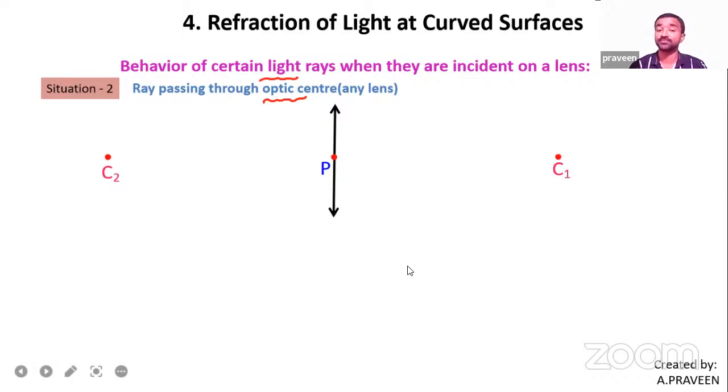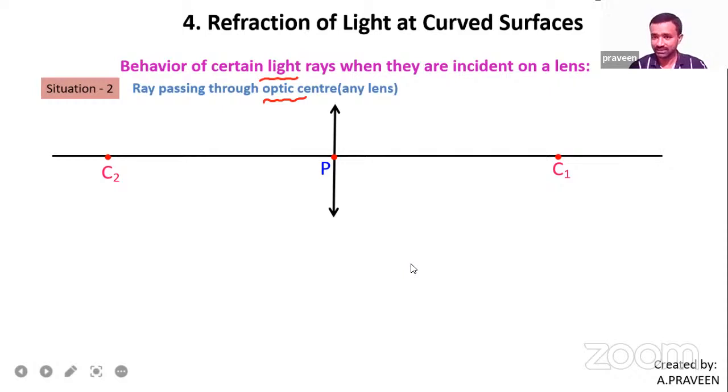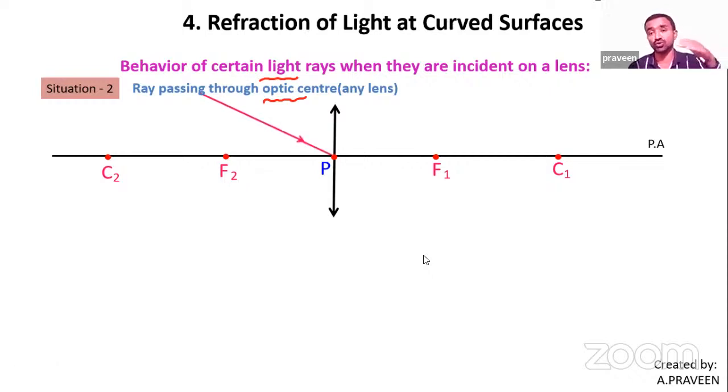Then next, joining the centers of curvature and the optic center, give it as the principal axis, and respectively their focal points. So what happens if a light ray passes through the optic center of the lens?